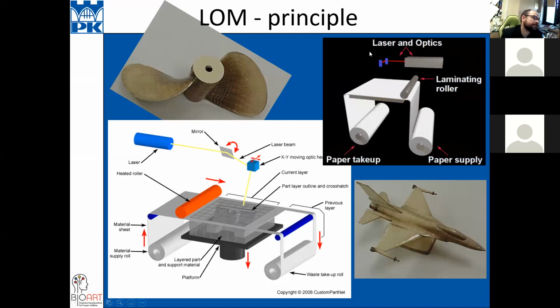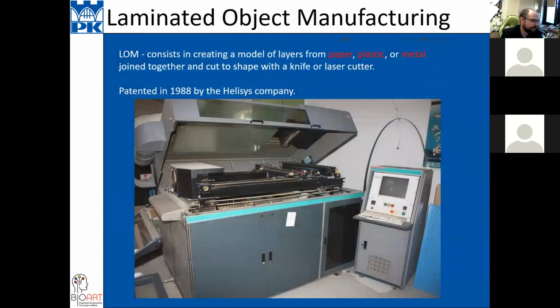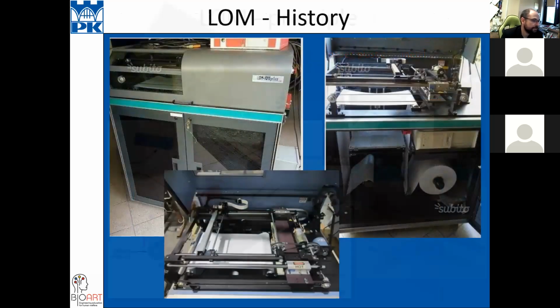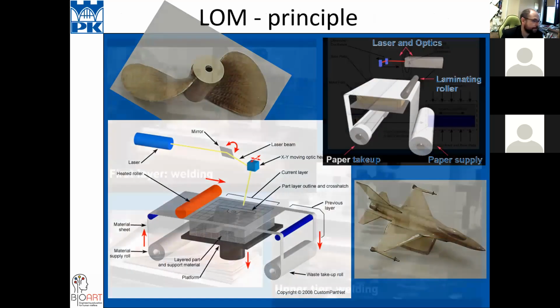Next, we have the next part of paper, the laser, and we can get very big prints. Like you can see, this printer is huge. When you compare it to an FDM printer, or to different kinds of printers, this is a very huge printer, and you can get very huge prints.